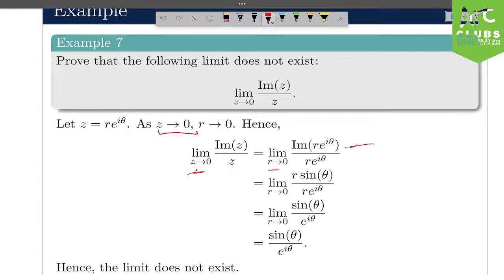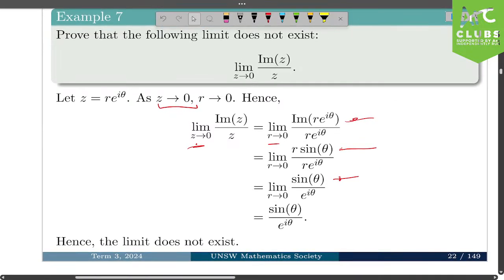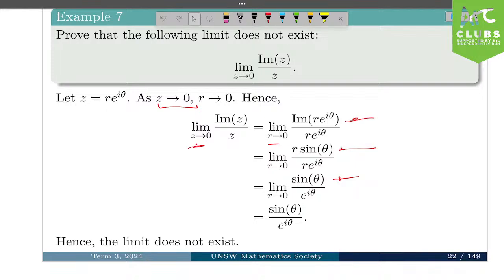We can rearrange this to r sine theta over r e to the i theta, so sine theta on e to the i theta. And you can see that this isn't going to be the same for all different theta, for all different paths. So the limit doesn't exist. Does it follow? Okay.